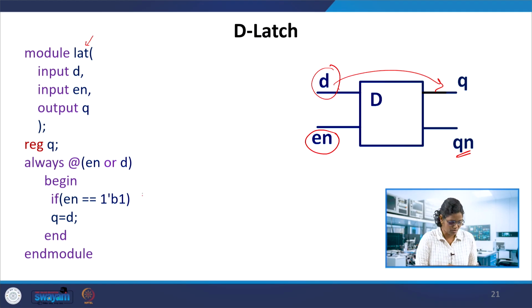Here we are describing the behavior of a latch. So if enable is 1, then pass D to Q. We are not saying what to do if enable is 0. That infers the latch, which keeps the last Q value; it would remain the same.